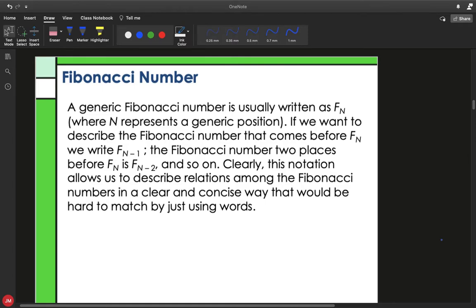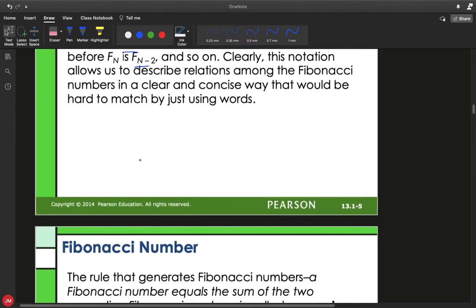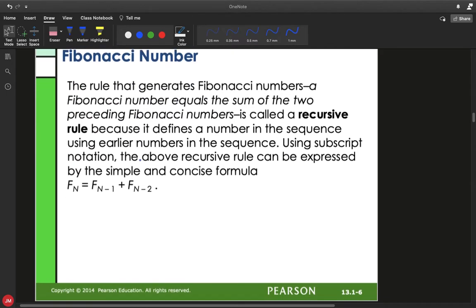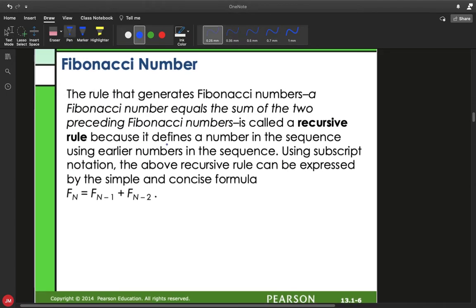So, on this slide, it talks a little bit more about those Fibonacci numbers. Obviously, the Fibonacci number two places before F sub n, we could write as F sub n minus 2, so you can use this subscript, and that's going to be what's useful in this recursive rule. So remember, a recursive rule is just one that defines a sequence of numbers. It basically sets up the rule that generates the Fibonacci sequence.